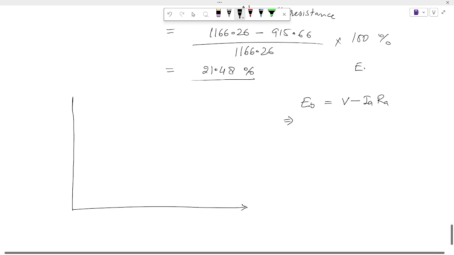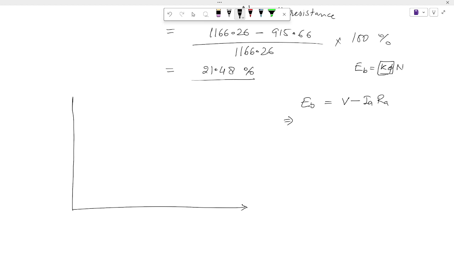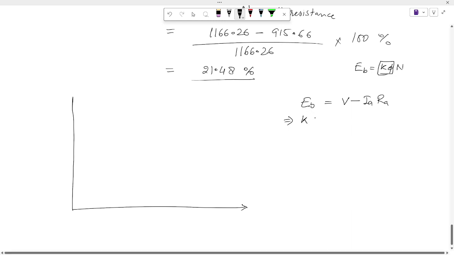We write EB is equal to K phi N. This is constant because this is a shunt machine and we are not changing the field resistance, field current. So I will write K phi N is equal to V minus IA RA.